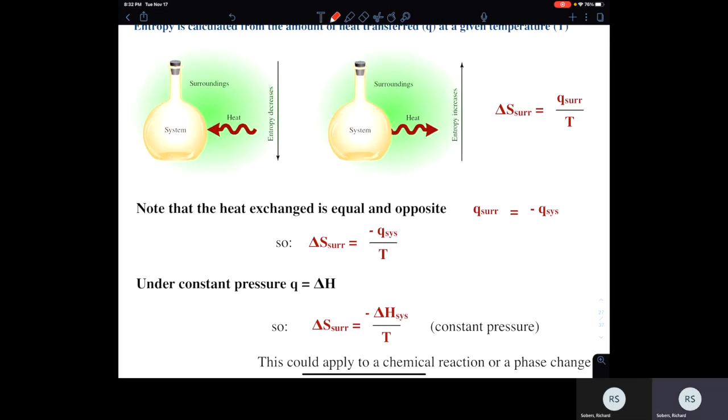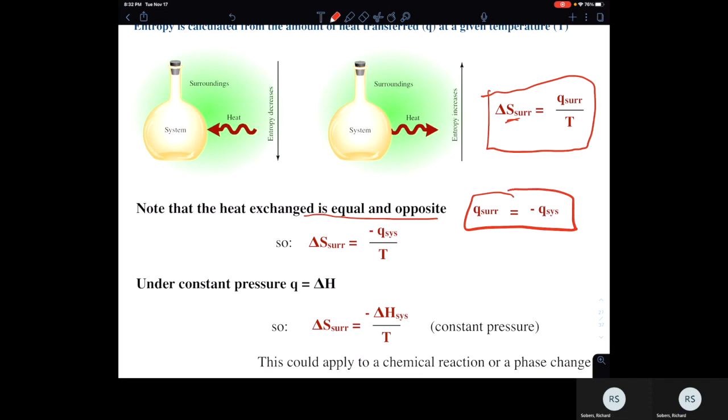So the equation that we just talked about for the surroundings, okay? We're going to want to focus on the system. So there's some relations that we can look at here. First of all, the heat exchange is equal and opposite. So the heat of the system is equal but opposite that of the surroundings.